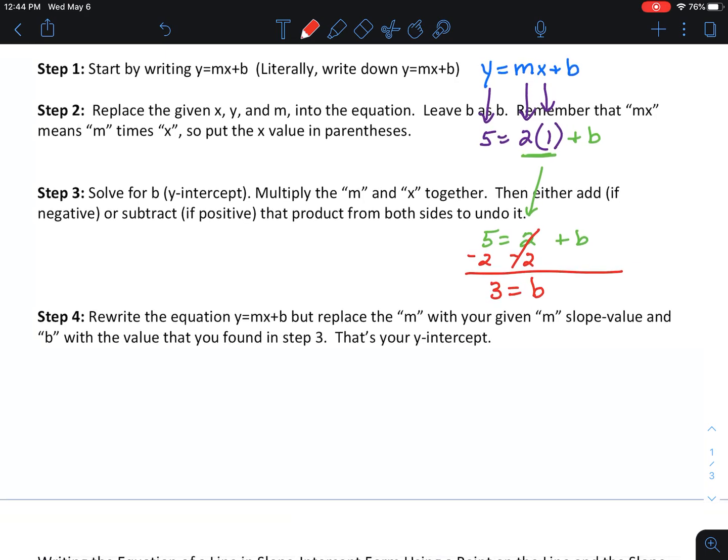Lastly, we're going to rewrite the equation y equals mx plus b, but we're going to replace the m with our given m and the b with the b that we just found. Okay? So again, we go back to y equals mx plus b. We're going to replace the m and the b with the 2 numbers that we know.